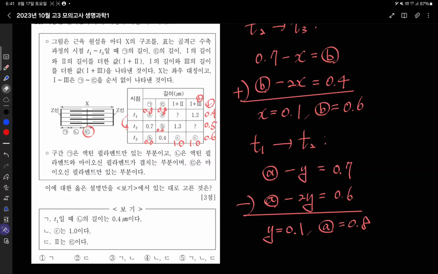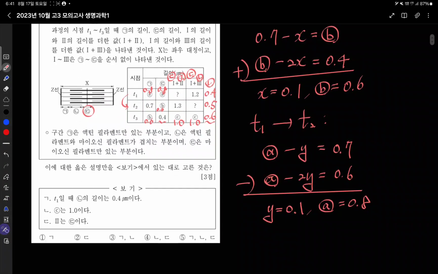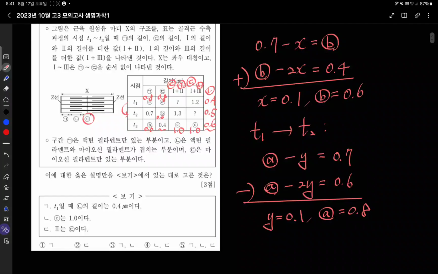So that means the sum of 1.0 is made by this 0.4 and 0.6. So that means Roman numeral 1 indicates the third part, and Roman numeral 2 indicates the first part. So that's about the information from the table.